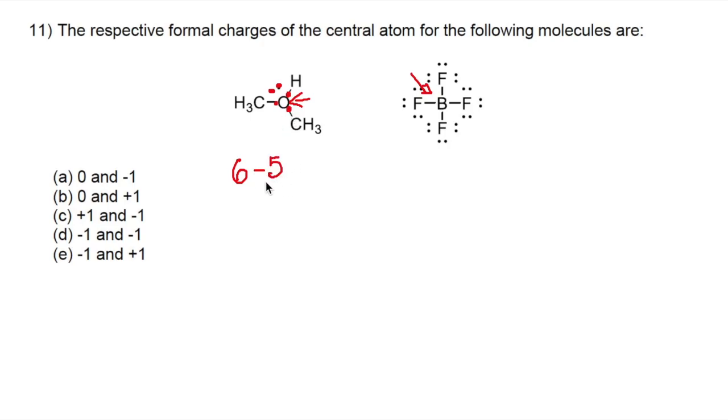So that's why 6 minus 5 is plus 1. And the boron usually has 3 valence electrons, but in this case, it owns 1, 2, 3, and 4. So that's why it's minus 1. The answer for this question is C.